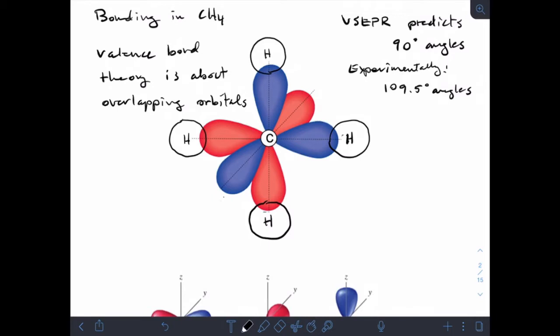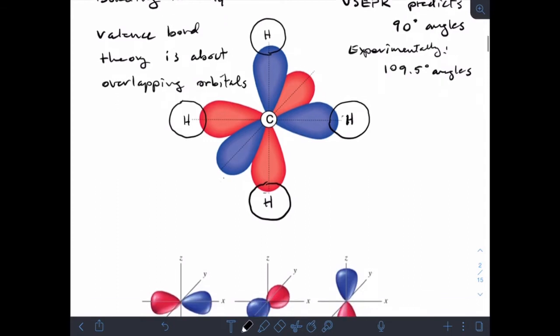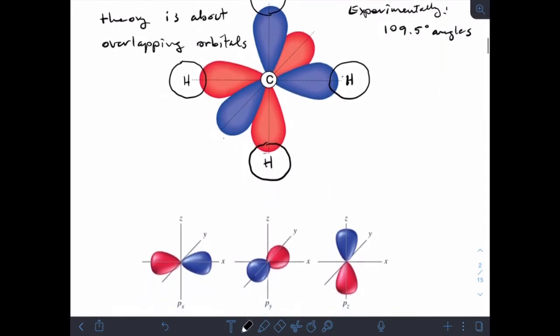So if I take this idea about overlapping orbitals and I apply it to the VSEPR model of methane, CH4, what it does is it is all of the p orbitals. So taking a look down here, these are the p orbitals of carbon, and they exist in the x, y, and z directions, right?